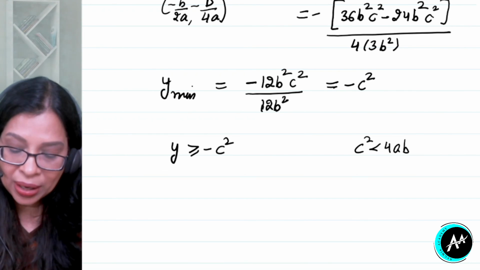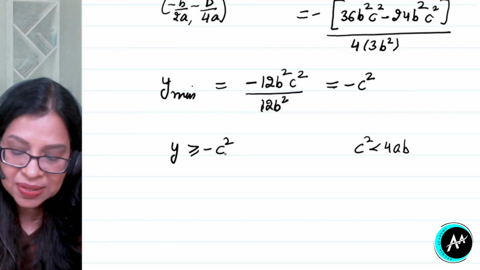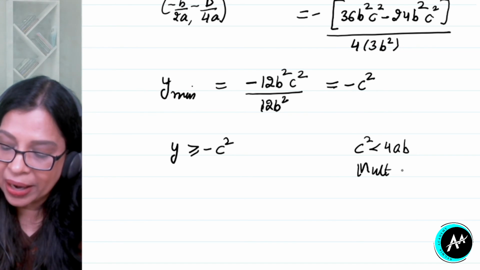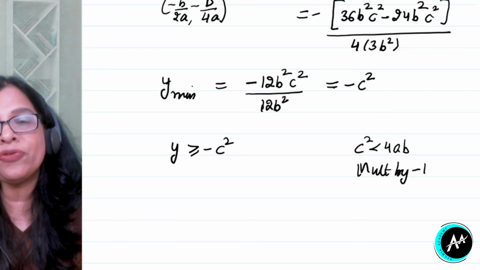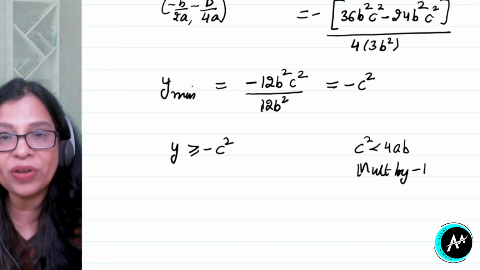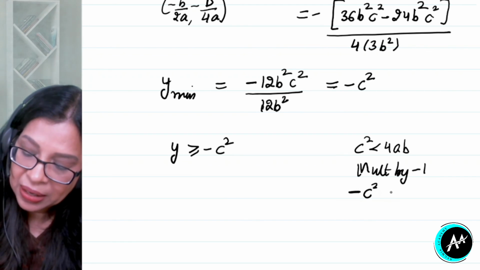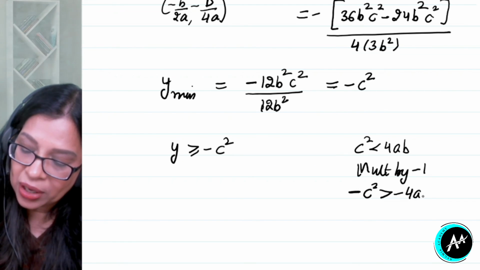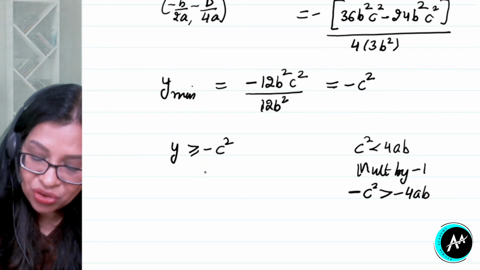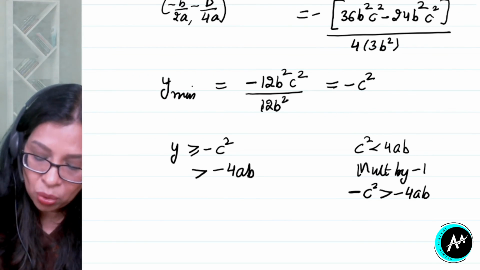Now here I am talking about minus c square. यहाँ पे देखो, we are talking about minus c square. So let me multiply this inequality by minus 1. All of you know if you multiply any inequality by minus 1, the sign of inequality reverses. So I have minus c square greater than minus 4ab. So let me use it over here. So I have this strictly greater than minus 4ab. Right? So what do I get?